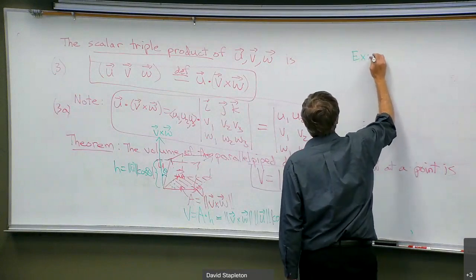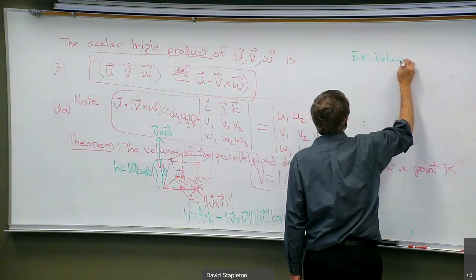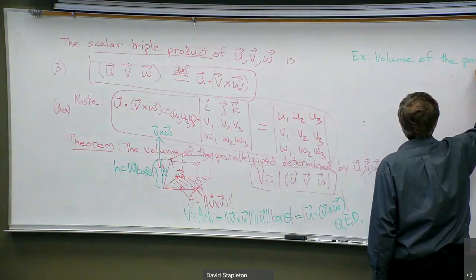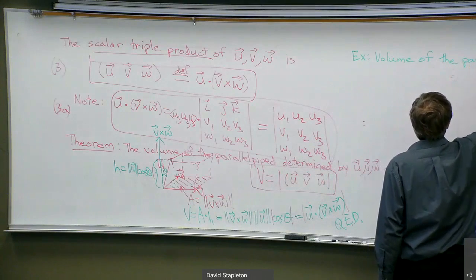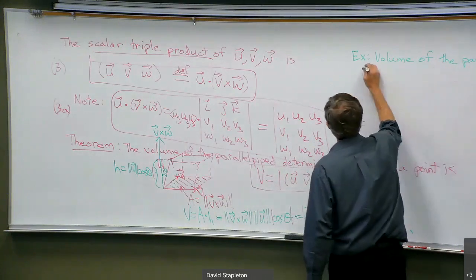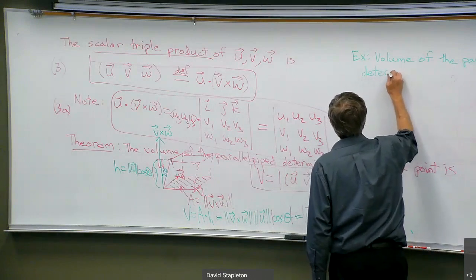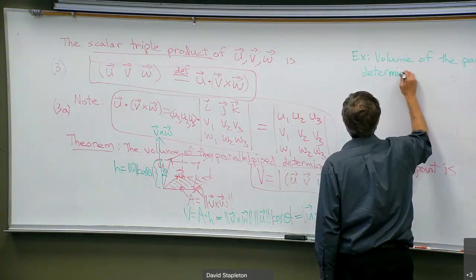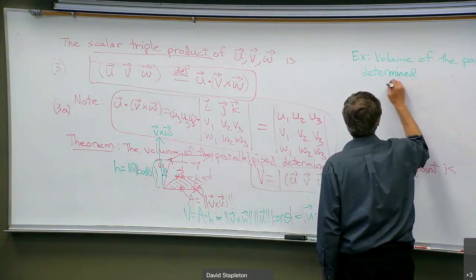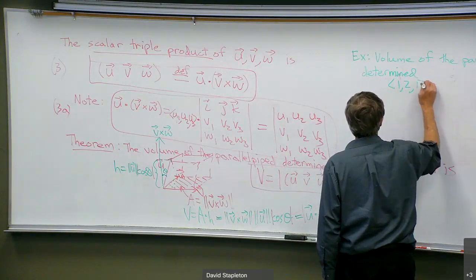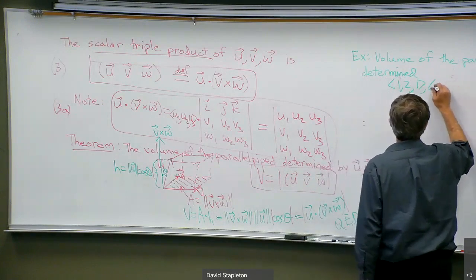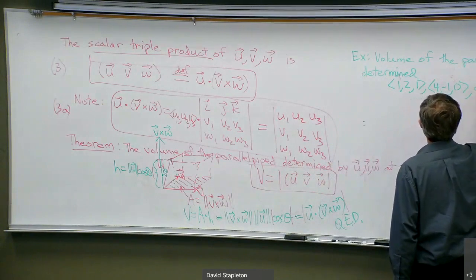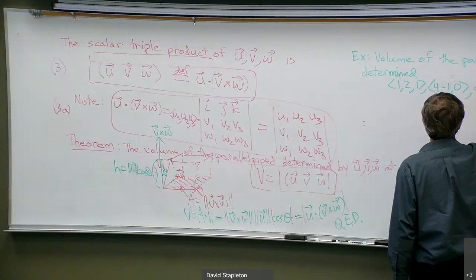Example: find the volume of the parallelepiped determined by the three vectors (1, 2, 1), (-4, 4, -1), and (0, 2, 0, 1).